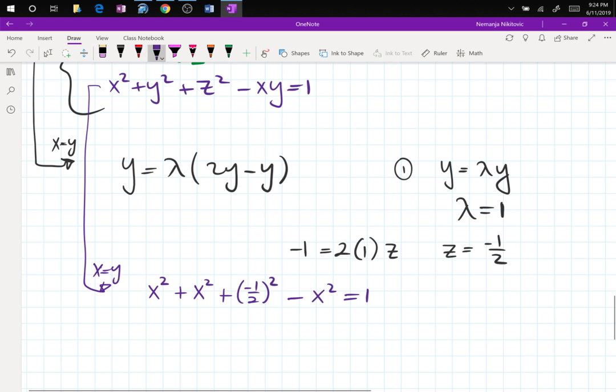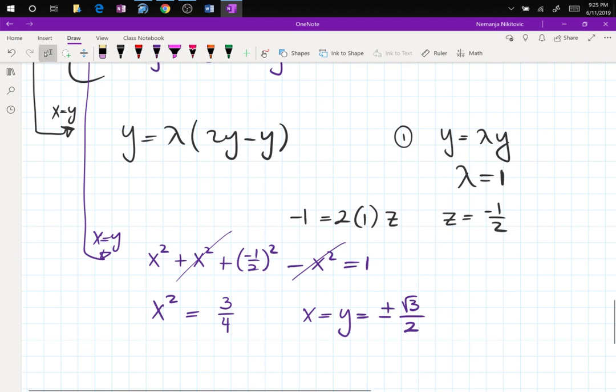One of the x squares dies due to negative x squared, and negative 1/2 becomes a quarter. So I have that x squared is equal to 3/4. X equals y equals plus minus root 3 over 2.